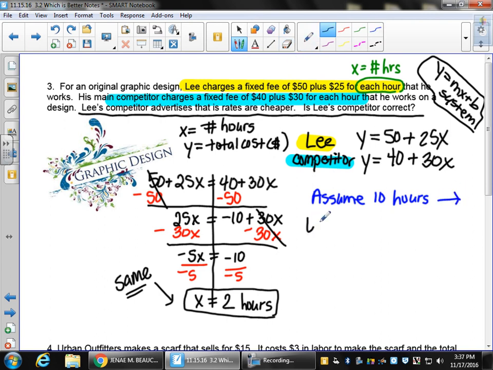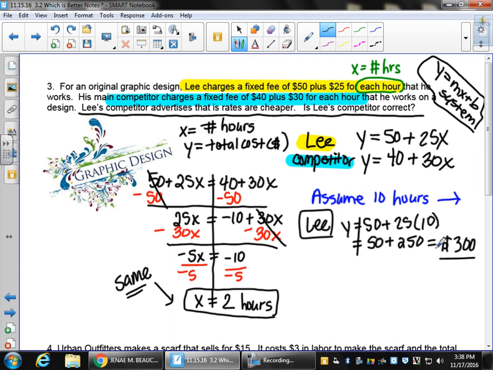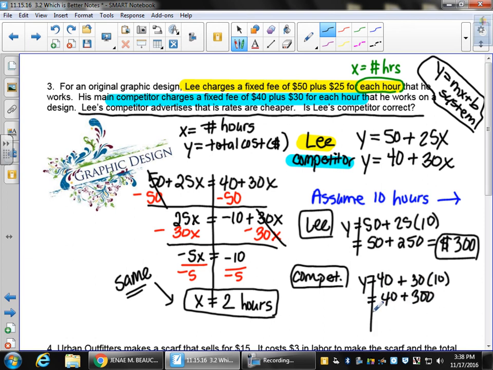Lee, y equals 50 plus 25 times 10. 50 plus 250, he'll cost $300 for 10 hours. And then we have the competitor, $40 plus 30 times 10. $340.